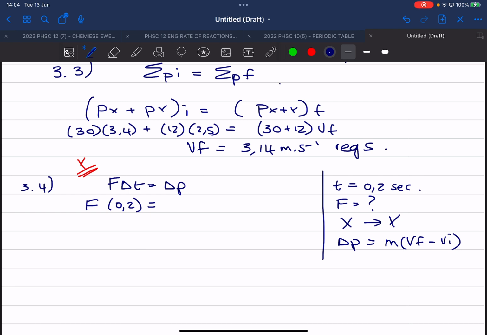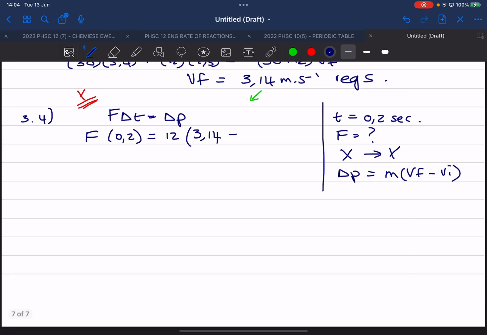So wat ook ons kykie? Wat is die massa van Y? It was 12. What was the final velocity of Y? Sy het nou net gaan uitwerk, dit is 3.14. Al is die twee connected aan mekaar, maar wat was sy snelheid? Hy beweeg in 3.14 meter per sekonde. So it's 3.14 minus, what was Y's initial velocity? We got that in our first question, 2.5.